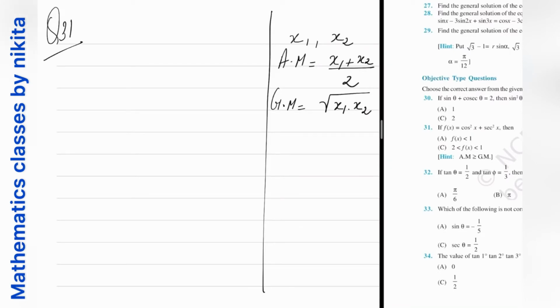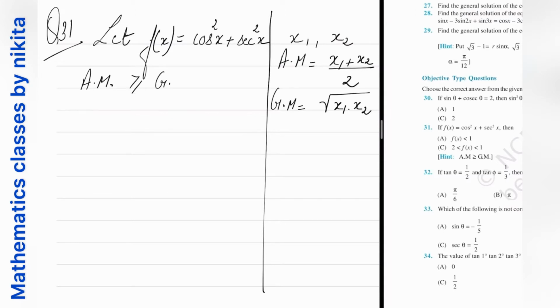So it is given that f of x is equal to cos square x plus secant square x. Fine. Now we know that arithmetic mean is greater or equal to the geometric mean.